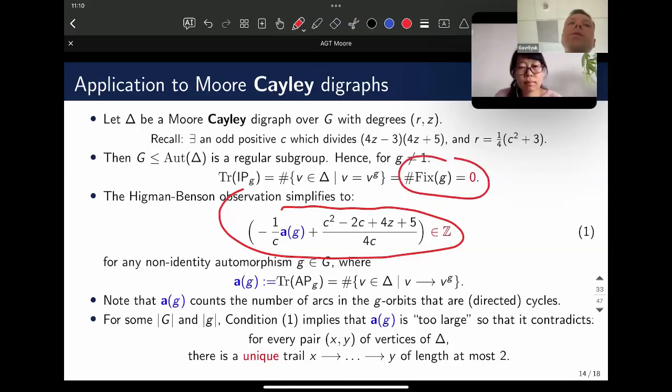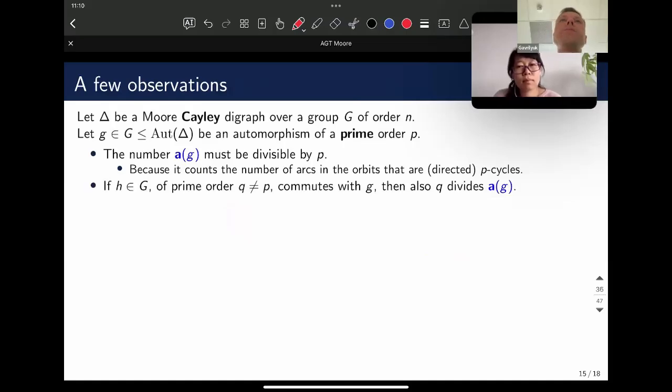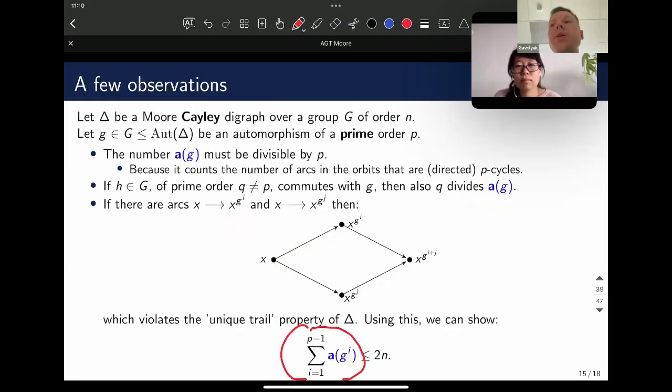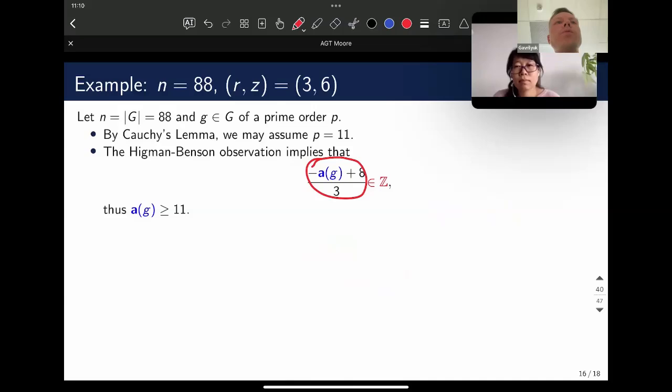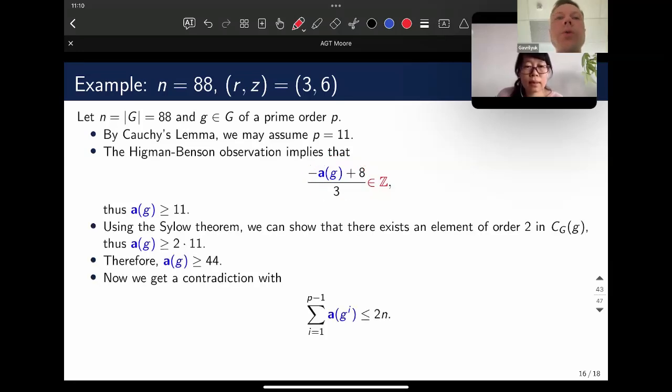But in principle, I believe that one can try to use the same idea and rule out the existence of vertex transitive Moore digraphs. So even for example, for this order 88, we only ruled out the existence of a Cayley digraph, but it is still possible that such a digraph may be vertex transitive. But of course, the analysis would be much more complicated in this case.